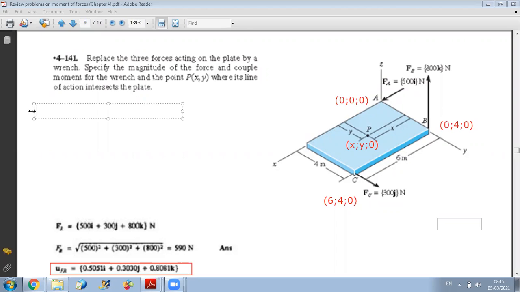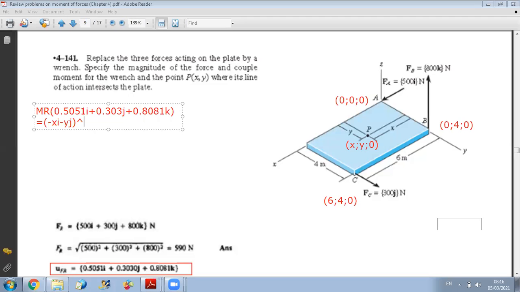So I have Mr times the unit vector, which is 0.5051i plus 0.303j plus 0.8081 along k, equals, first, PA vectorial FA. PA coordinates are minus x i minus y j.